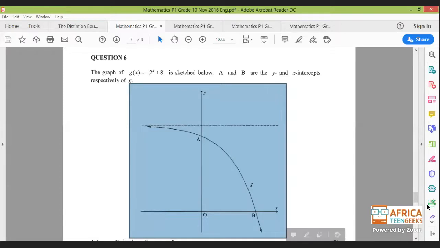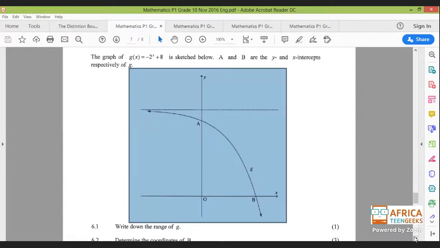The graph of g of x is equal to negative 2 to the power of x plus 8 is sketched below. A and B are the y- and x-intercepts respectively of g.